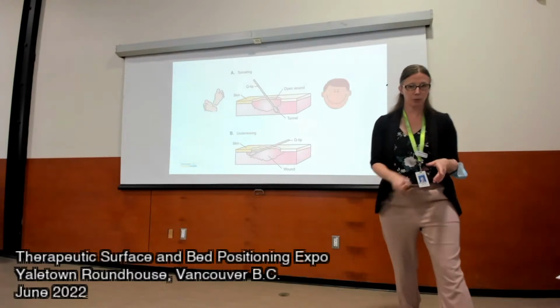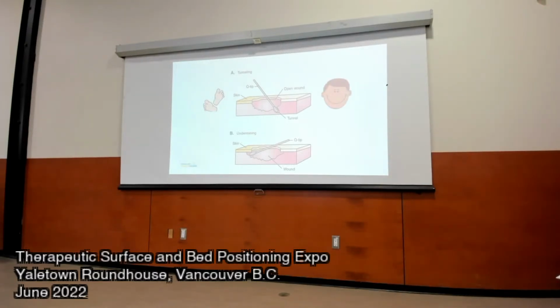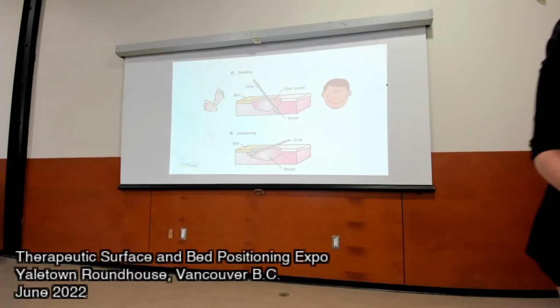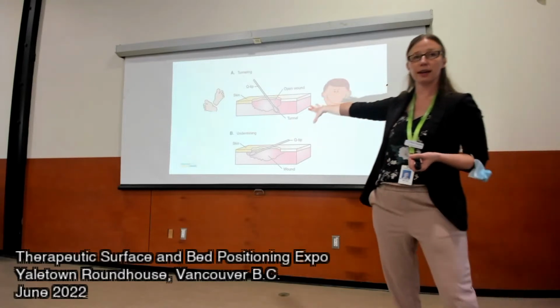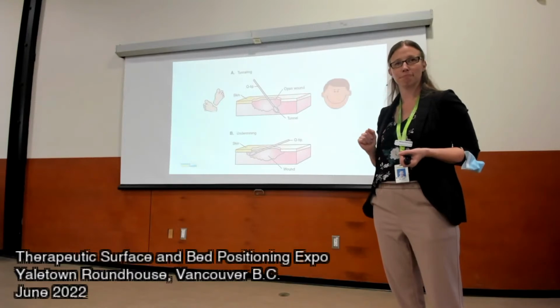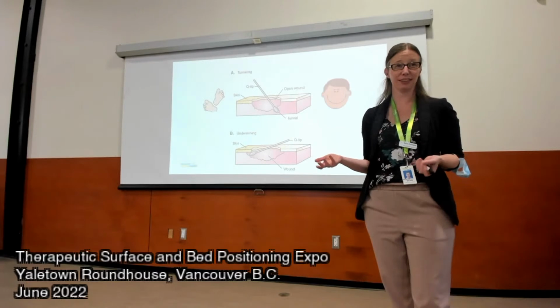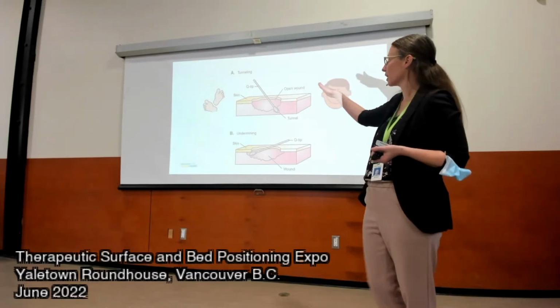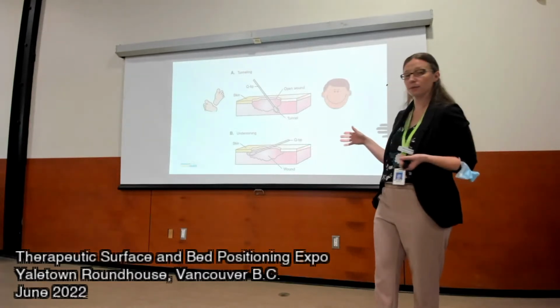Let's say you have, so why do we care about the direction and all of that? We care because of shearing. When we have tunneling, that's telling us that there's a directional force, which is shearing.